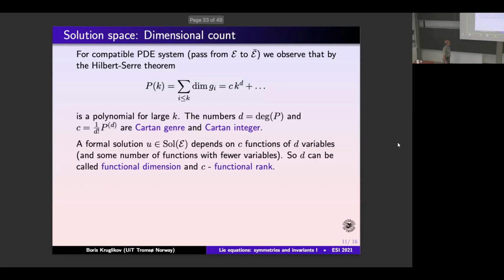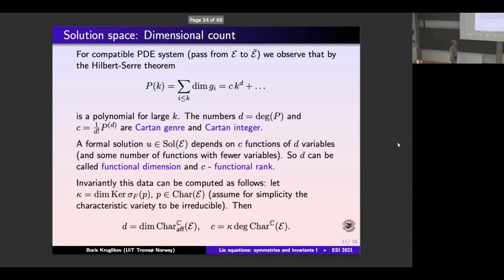And they actually mean the following. If you look at the generality of solutions, the general solution of the equation depends on c functions of d variables. So this d can be called the functional dimension and c the functional rank: the functional dimension is how many arguments, and the rank is how many such functions you need. Now, if you want to compute this, it can be done precisely through the characteristic variety as follows.